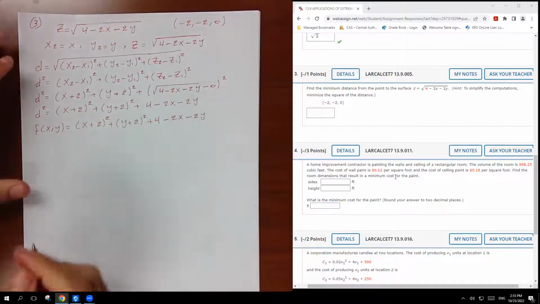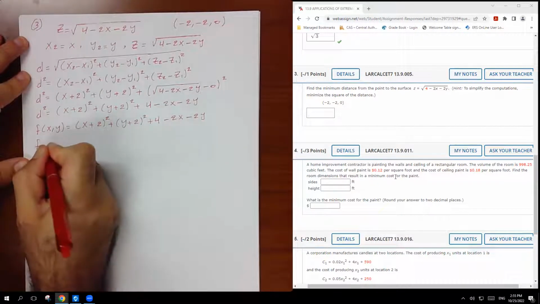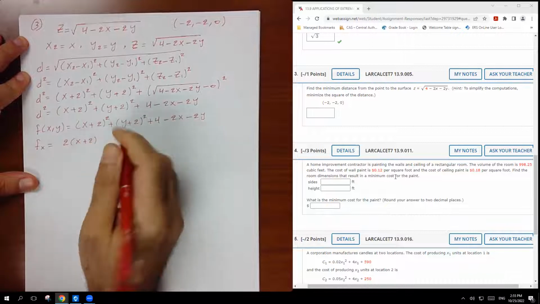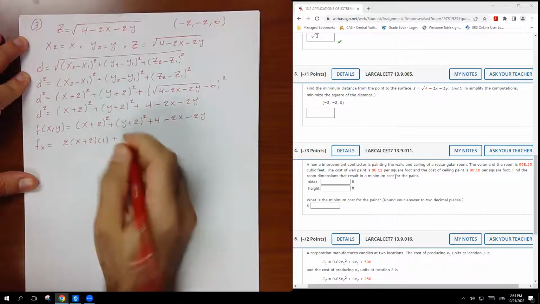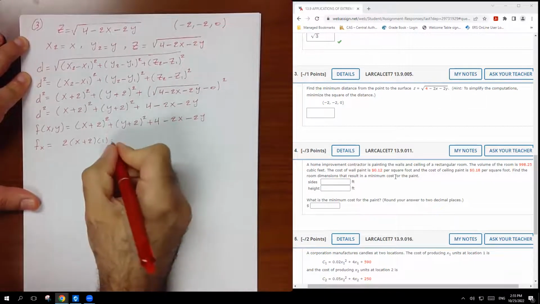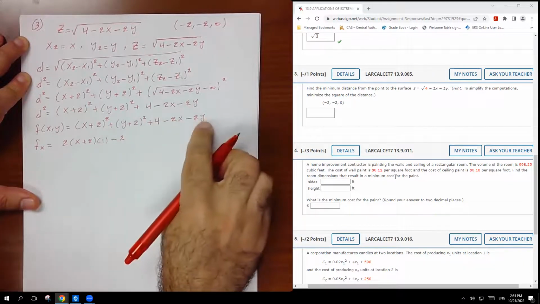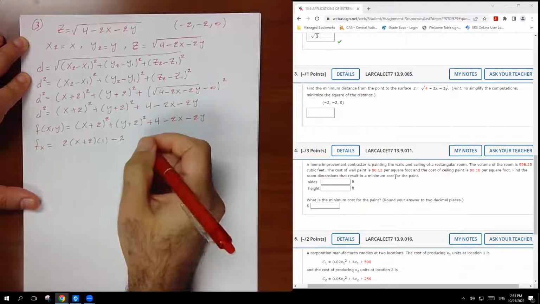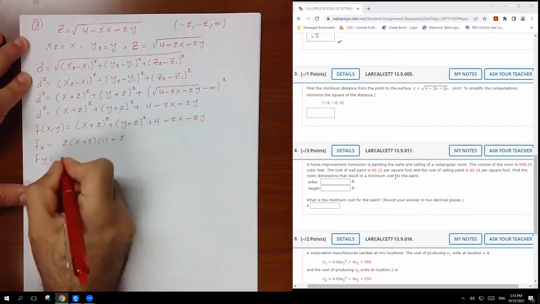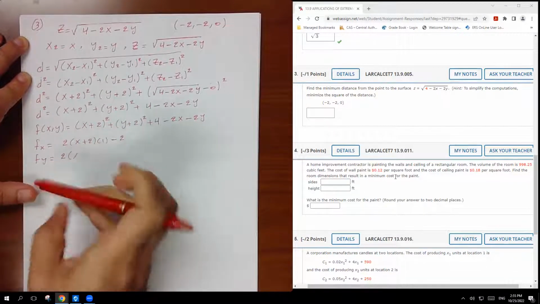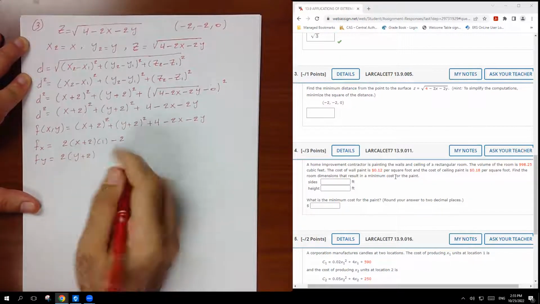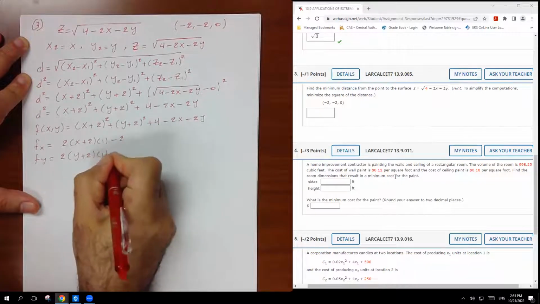Now let's find the derivative with respect to x to find the critical point. So f sub x is going to be 2 times x plus 2, derivative of inside is 1. This is 0, and here is negative 2, so this one is going to be minus 2. Now f sub y is going to be 2 times y plus 2, then 0, 0, and negative 2 times 1, minus 2.